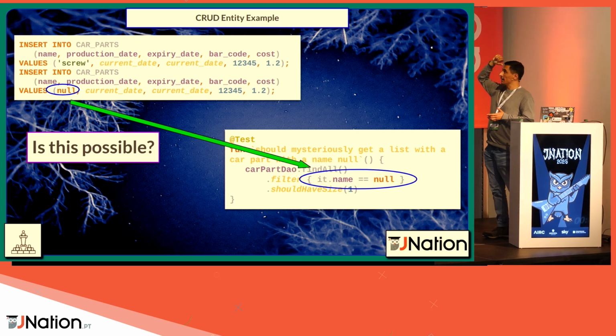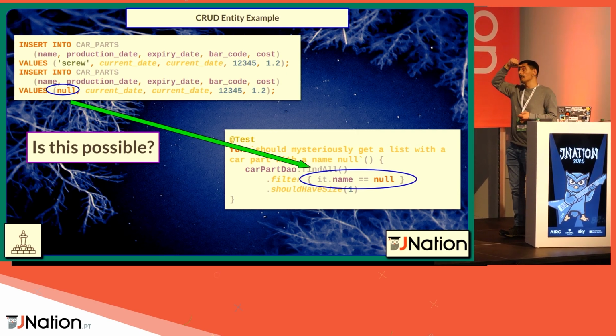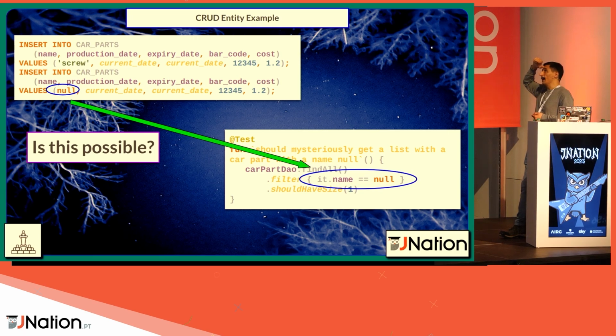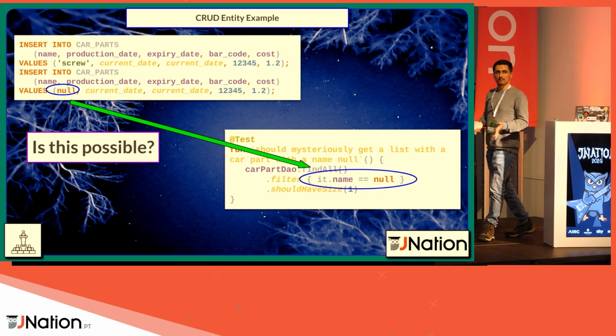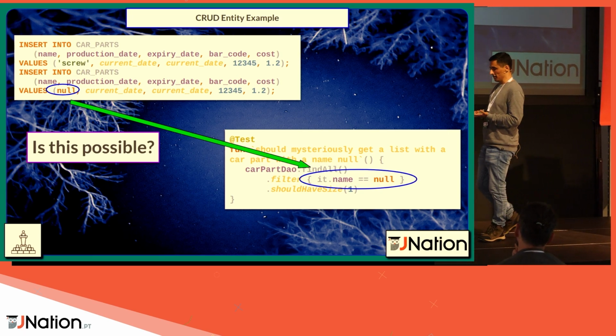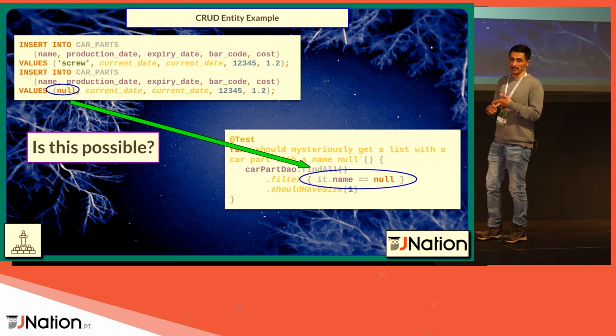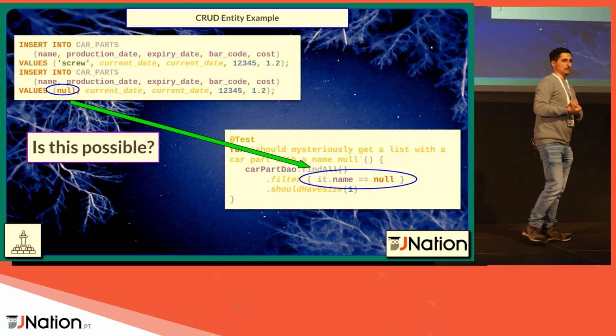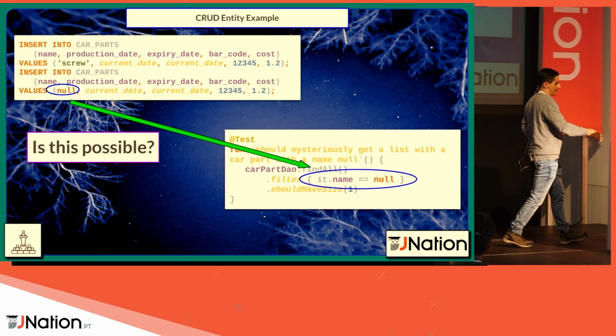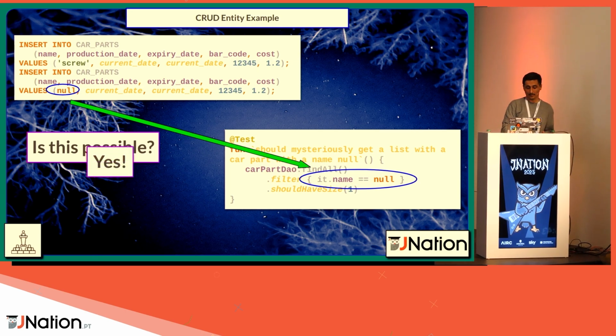This is something we can get in our Kotlin code. And so it's a bit weird because we are reading our code, we are debugging, and we see a null value in a field that is supposed not to be nullable. And so this happens.